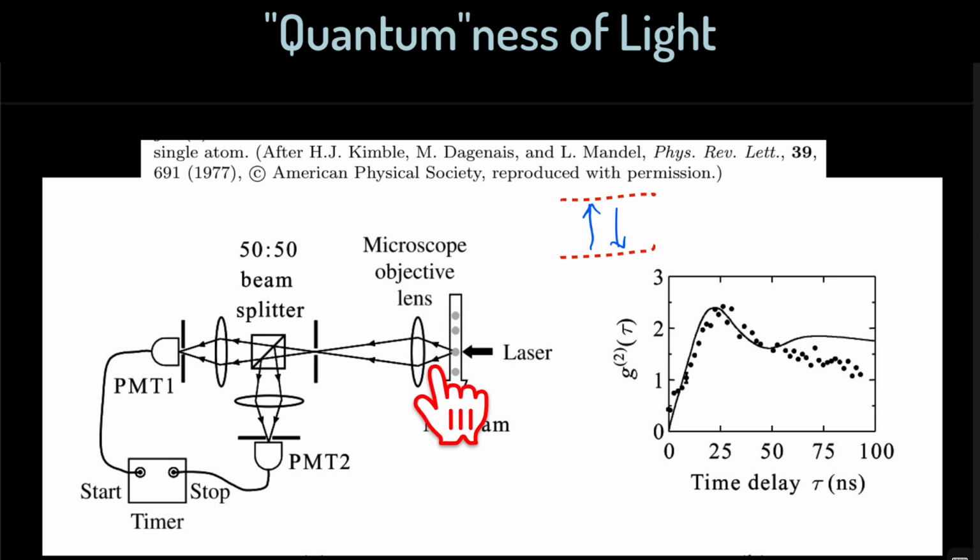It is captured through this microscope objective lens, and one creates this slit to ensure that the light is emerging from this particular region, and then takes the light into this beam splitter.